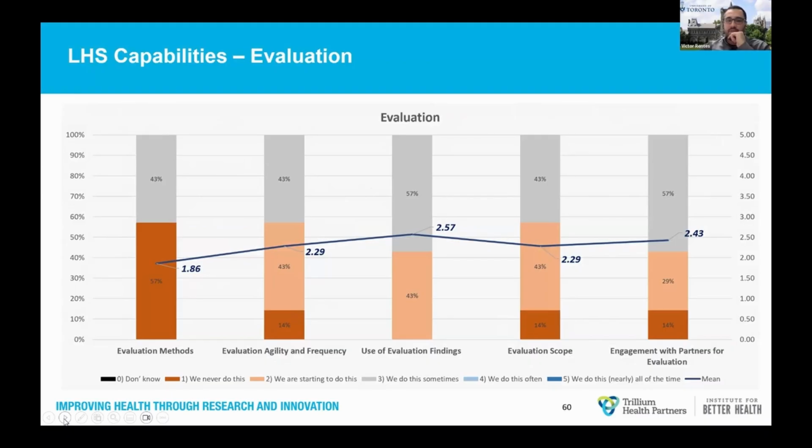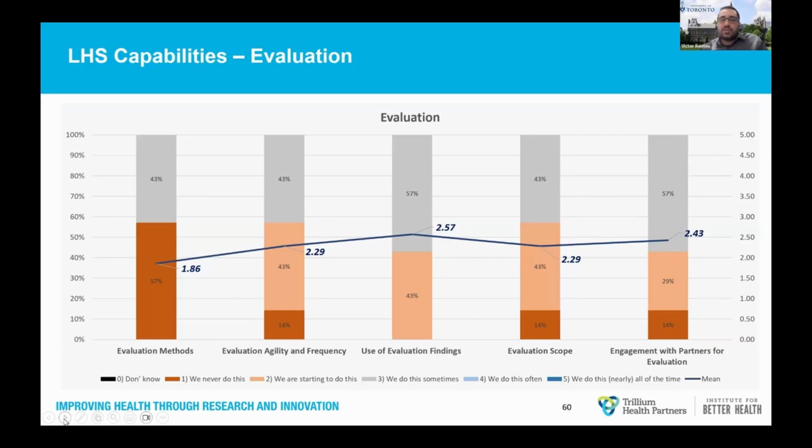So we have these mean scores. Again, we drilled down on the evaluation aspect, on the evaluation gear. So we asked about evaluation methods specifically, and whether or not those methods are robust and rigorous in being able to capture the right data and assess those outputs.